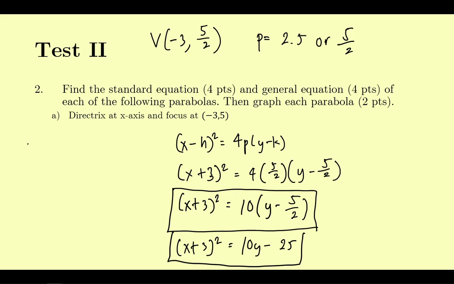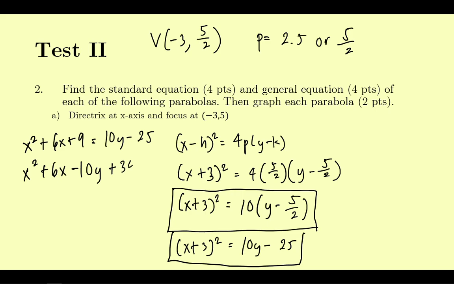That will be equal to x squared plus 6x plus 9 is equal to 10y minus 25. x squared plus 6x minus 10y, 9 plus 25 is 34, so plus 34 is equal to 0. And you have the general equation.